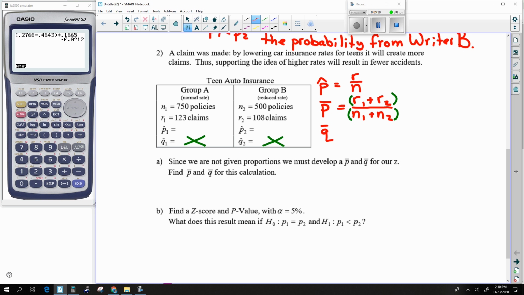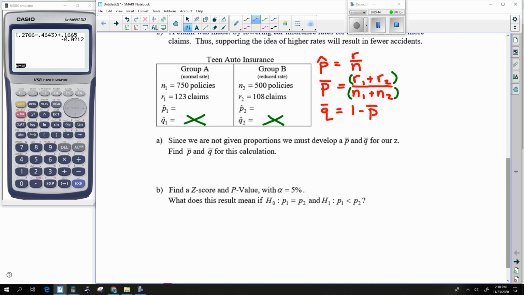Here you also need a Q bar, which is 1 minus P bar. That will get you going, and I will let you know about these other variables when we get there. So let's find these P hats.